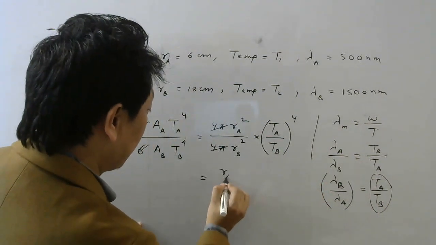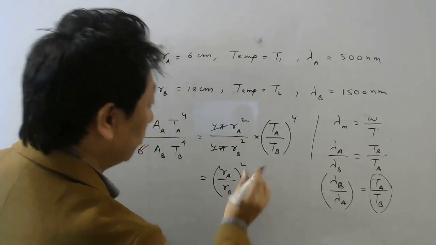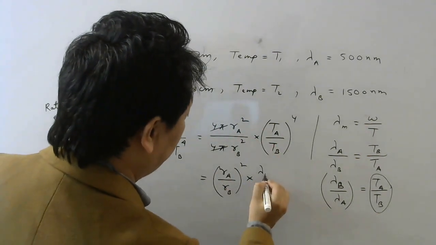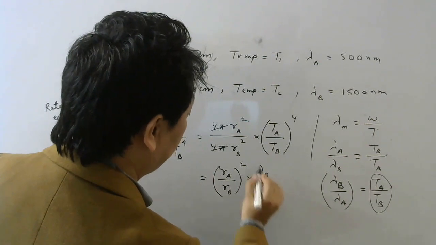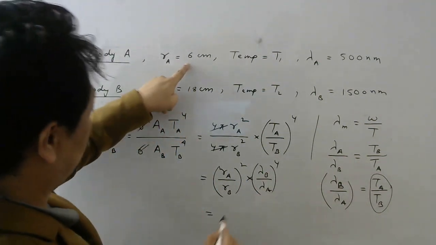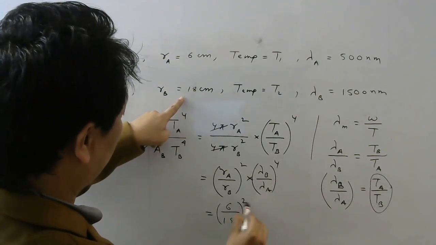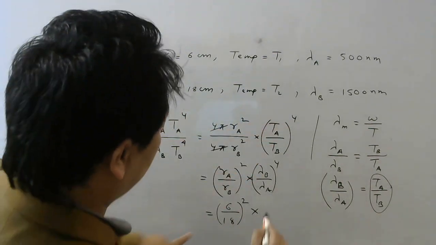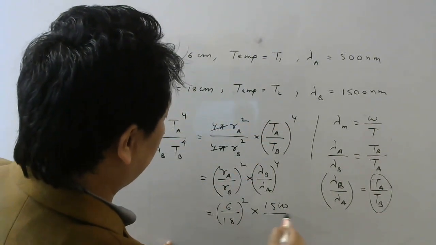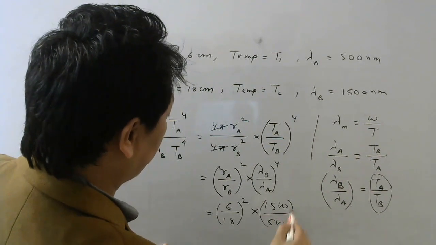So I will get RA by RB whole square into lambda B by lambda A power 4. So what is the radius of A they told? 6. Here 18 power 2, and this lambda B is 1500 divided by lambda A is 500 power 4.